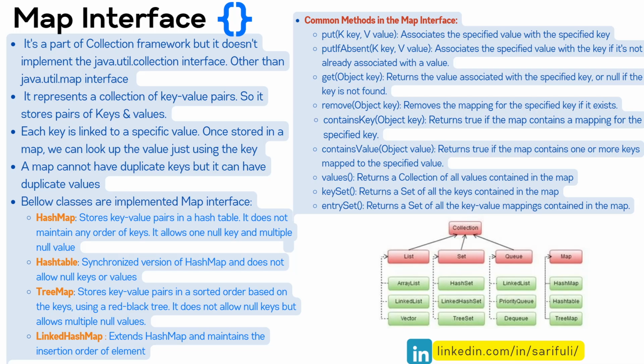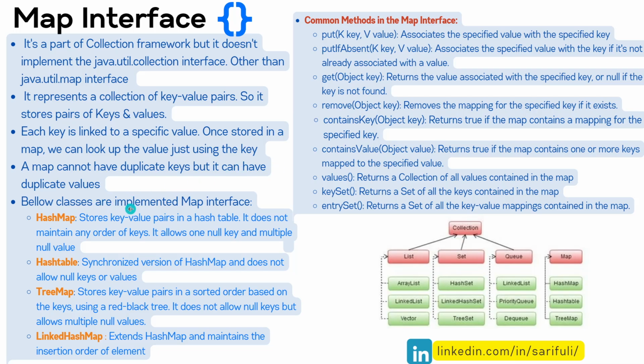Another example is a map of classes and students. Each class is a key, associated with the list of students, which are the values. So we can easily understand the use case scenarios of maps.